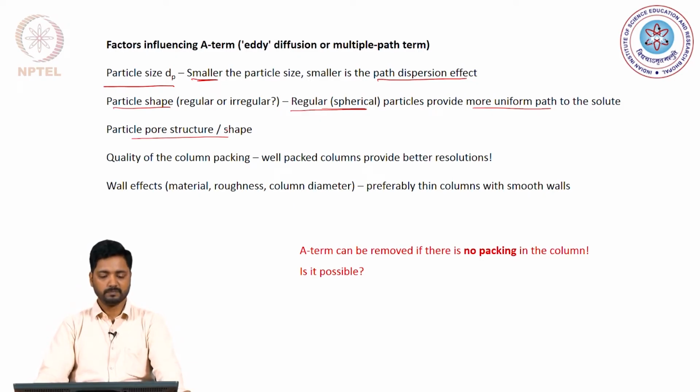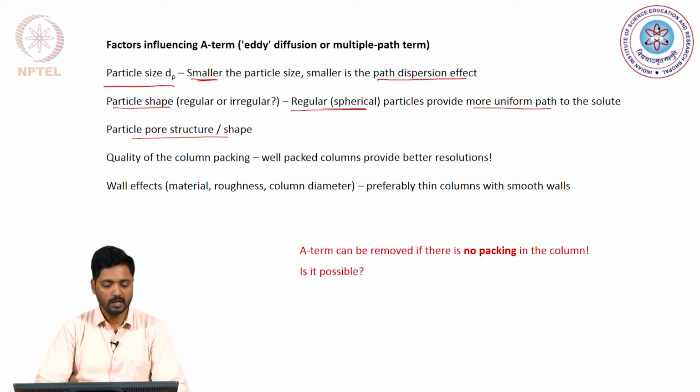Here, what we have not considered so far, but which becomes increasingly important, is that the way these chromatographic column materials are made, they result in particles which have a good number of pores present inside them, and these pores will result in increasing the path differences. We would therefore want to use very uniform particles with a smooth surface to achieve the smallest A term values.